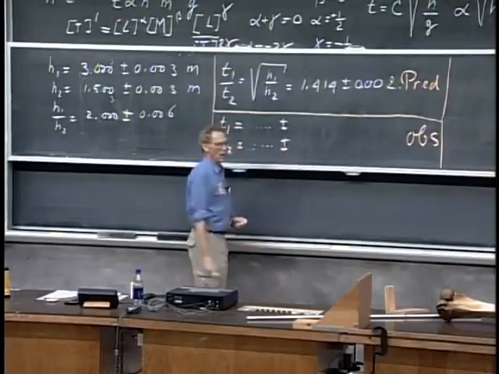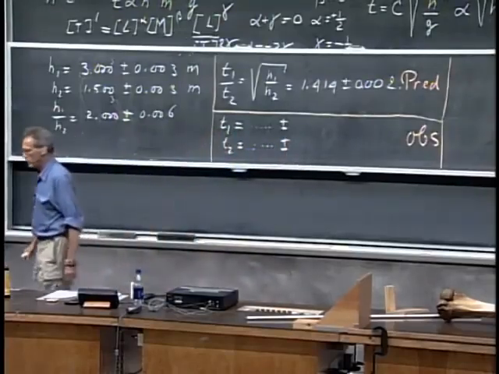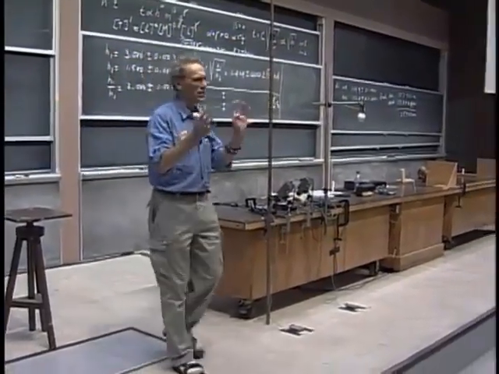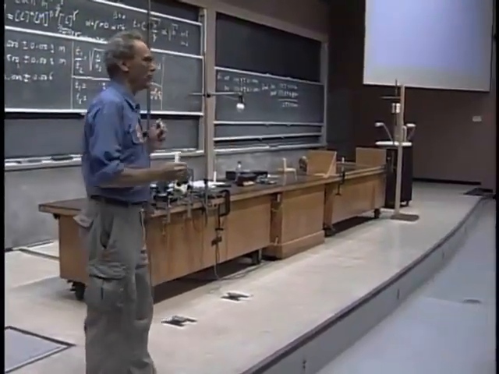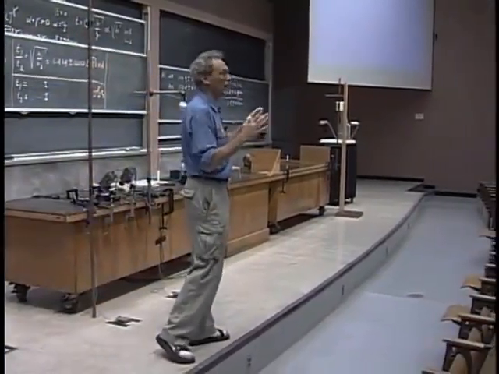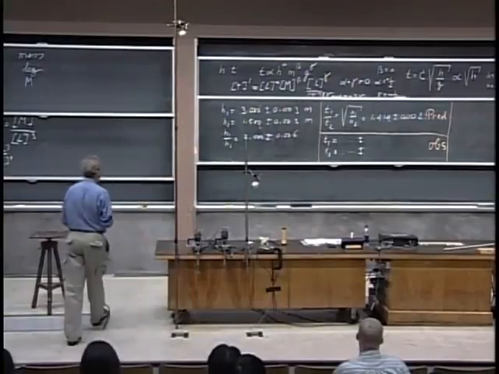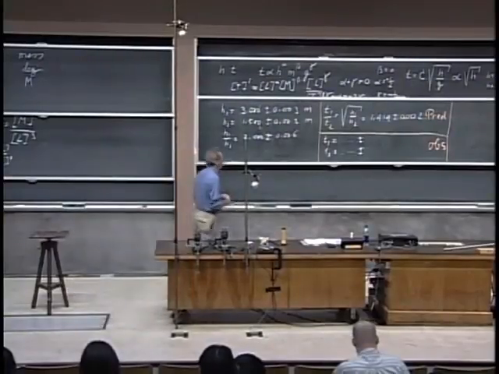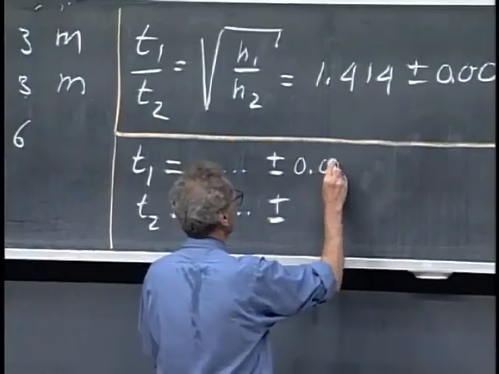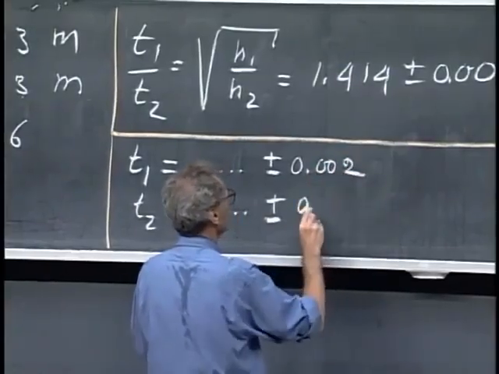I have done this experiment 10 times, and the numbers always reproduce within about 1 millisecond. So I could just adopt an uncertainty of 1 millisecond. I want to be a little bit on the safe side. Occasionally, it differs by 2 milliseconds. So let us be conservative, and let's assume that I can measure this to an accuracy of about 2 milliseconds.